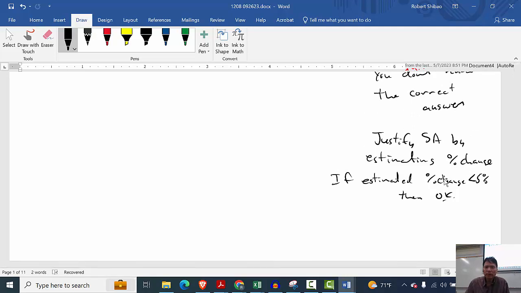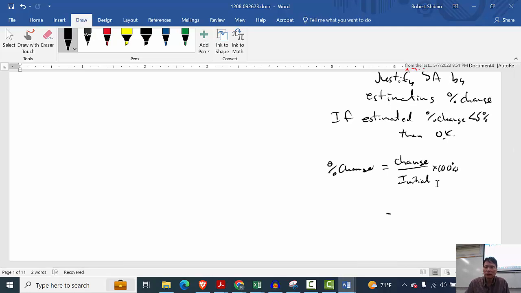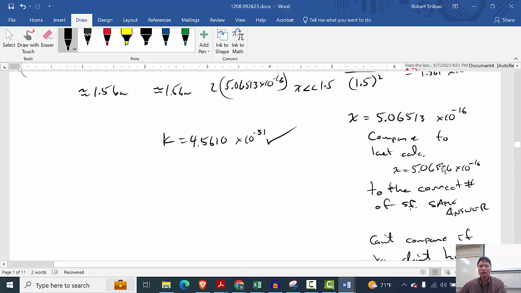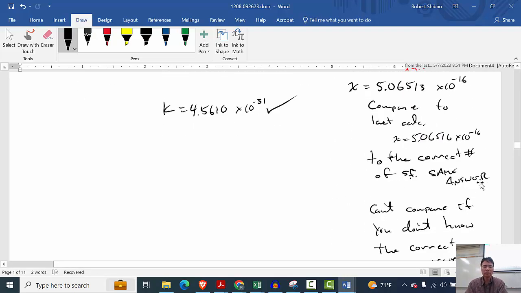And so let's go ahead and calculate the percent change here. The percent change for us is going to equal the change over the initial. So the change was x, and the initial was 1.5 times 100%. Sometimes the change is 2x, 3x, whatever. But in our case, it's just x over 1.5 times 100%. Our x value was 5.065.